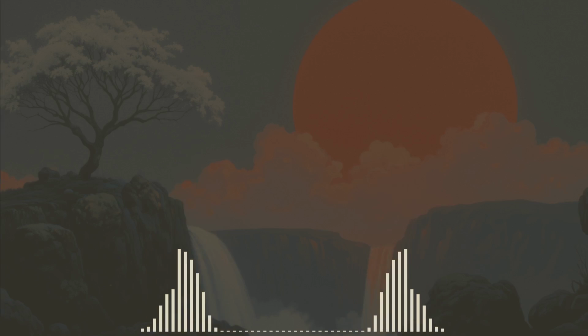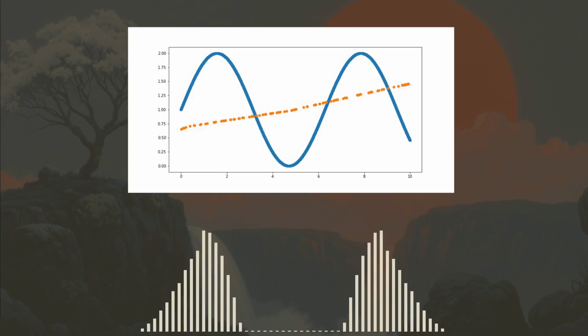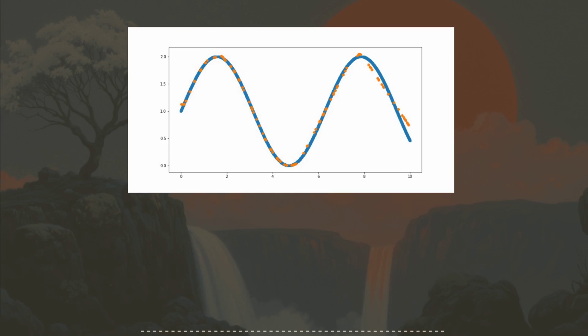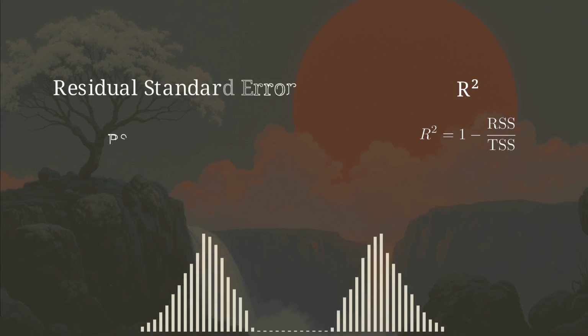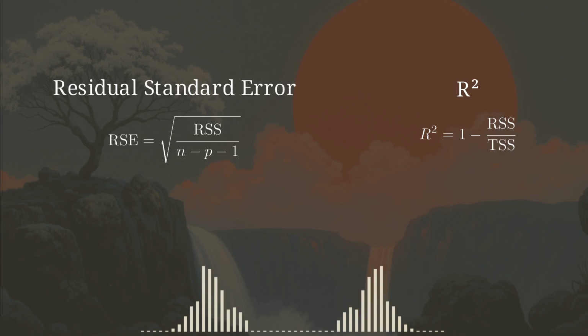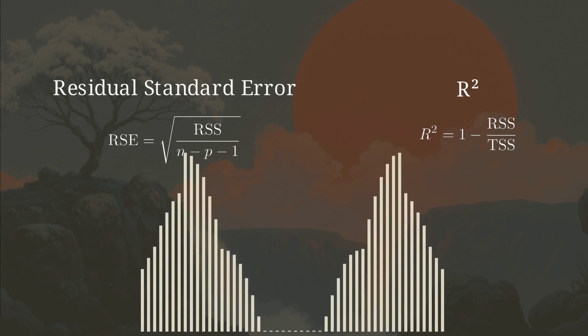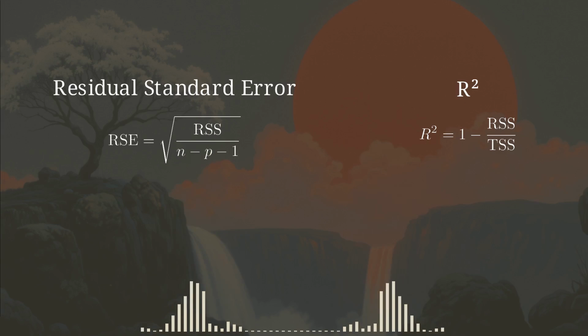So yeah, after all this overthinking and testing, there is only one thing left to do, which is to evaluate how well our model fits, aka the quality of fit. There are mainly two methods that can be used, the residual standard error and the R-squared, given by these simple formulas that both use the RSS and the TSS we calculated earlier.